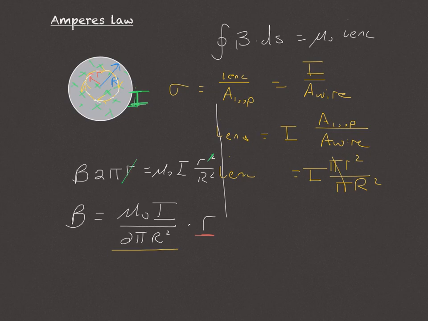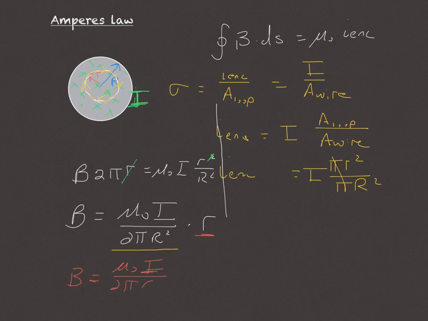All right. So our field strength outside of the wire was a 1 over r relationship. So it was mu naught I over 2 pi little r. All right.